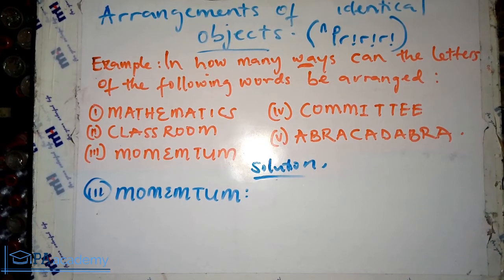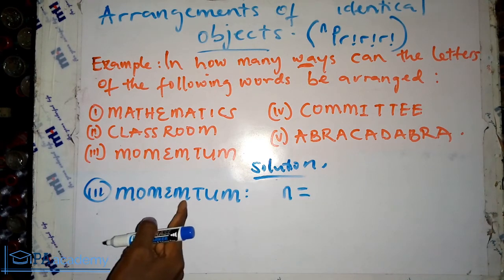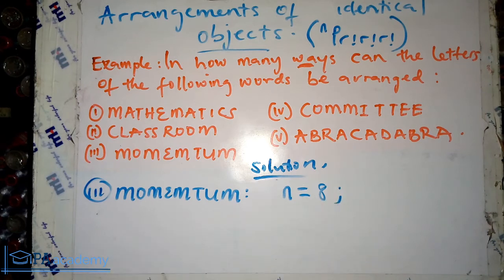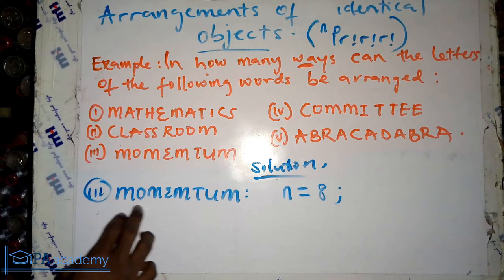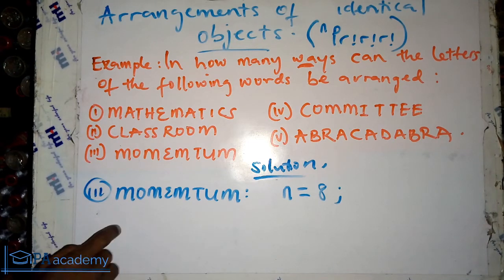The next question is momentum. For momentum, the number of letters, 1 2 3 4 5 6 7 8, is 8. Let's see how many letters are repeated. M is the only repeated letter here.